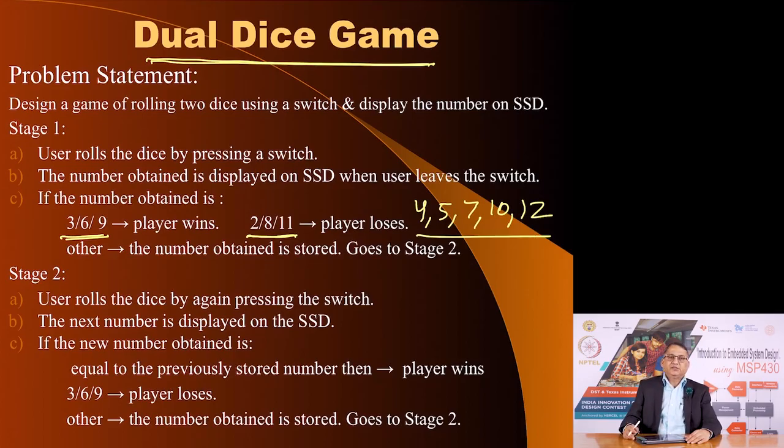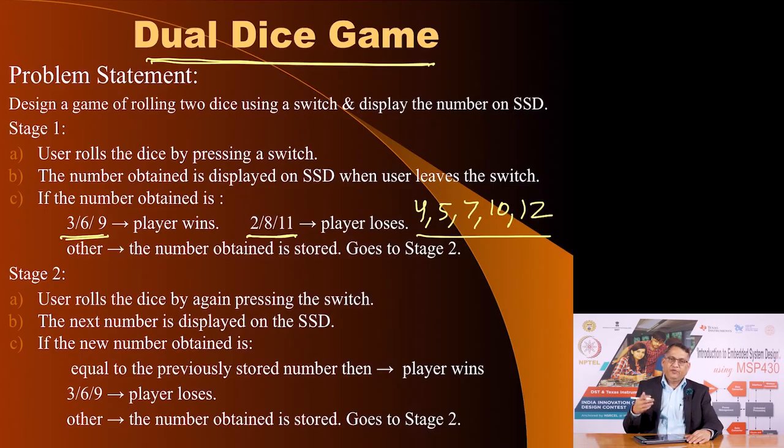In the second stage, the user is prompted to roll the dice again, and the new number is displayed on the 7 segment display together with the old number. You would like to know what your previous number was, because in the second stage you are going to take some decisions based on the previous value of that number also. And so, if the new number matches the old number, you win.